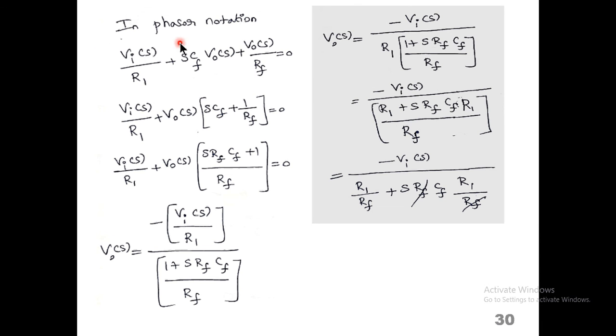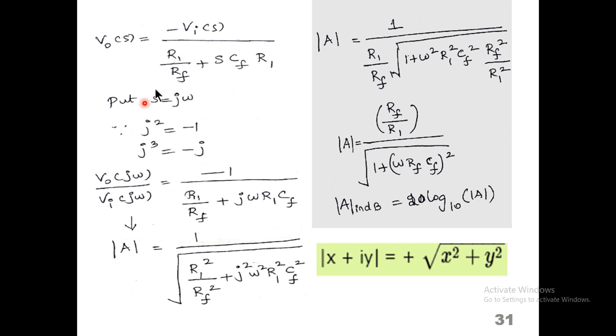In phasor notation, the output voltage is given as, after some approximation and simplification, minus Vi by, with some terms cancelled. After simplification, we get minus Vi of S divided by R1 by RF plus S into CF into R1.